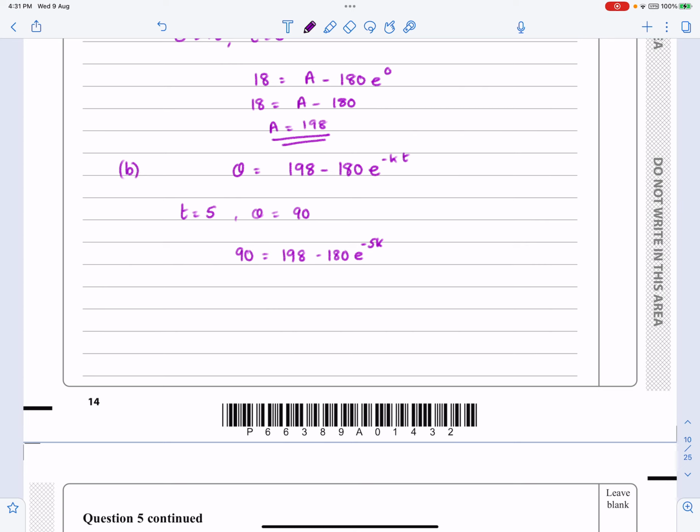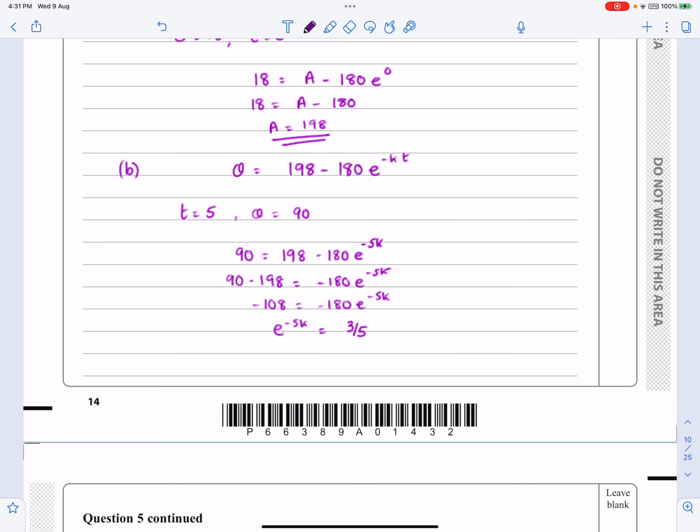So first thing I can do is 90 minus 198 is equal to minus 180 e to the minus 5k, which means minus 108 is equal to minus 180 e to the minus 5k, which means e to the minus 5k is minus 108 over minus 180. That actually works out to be 3/5.